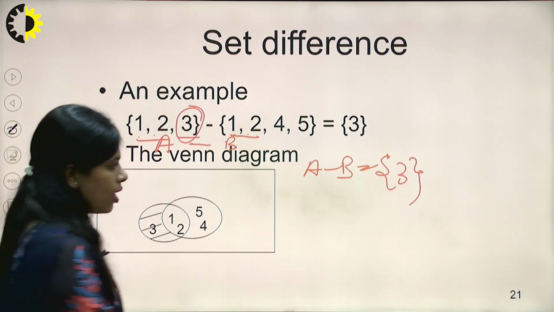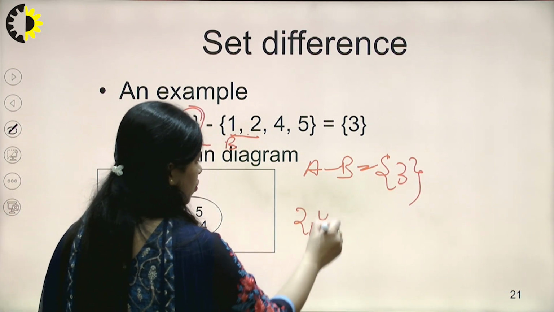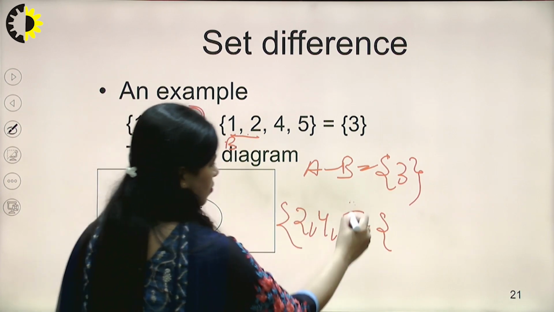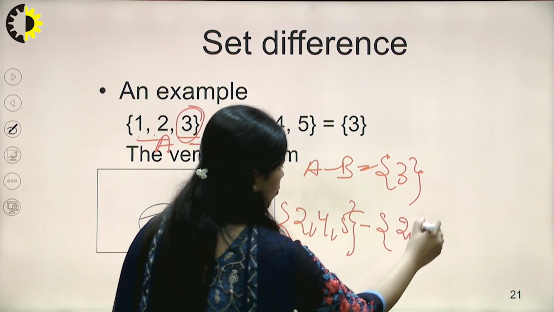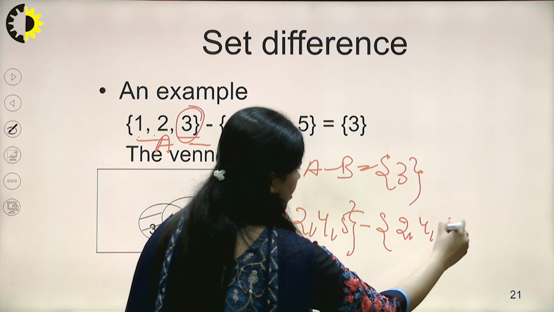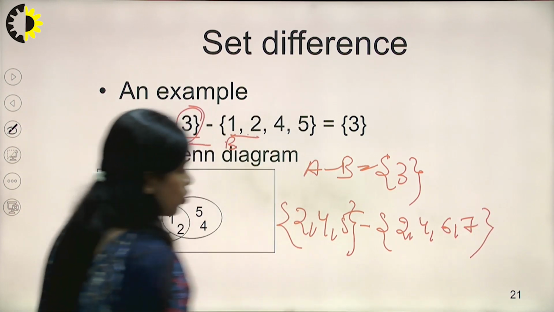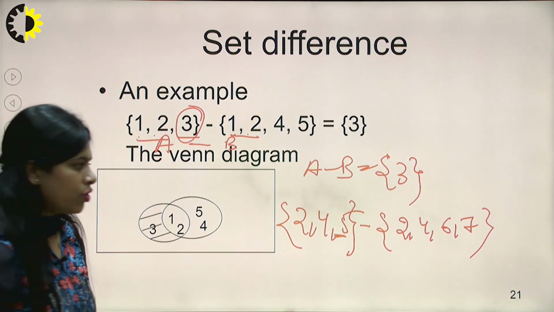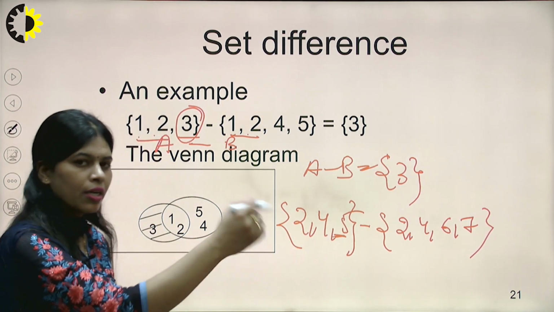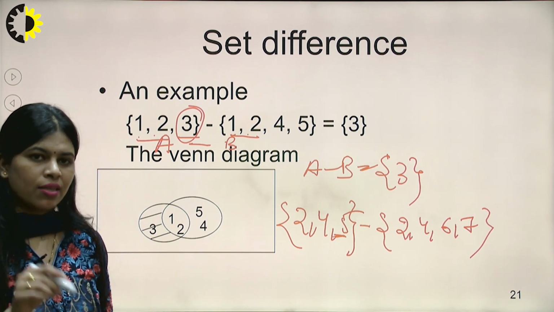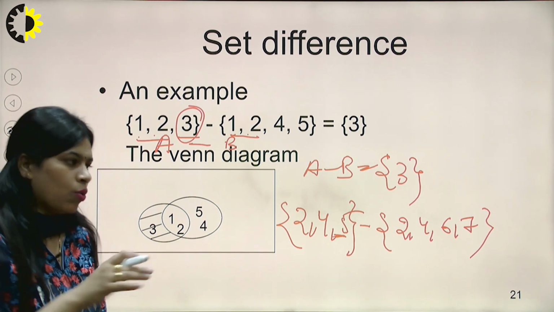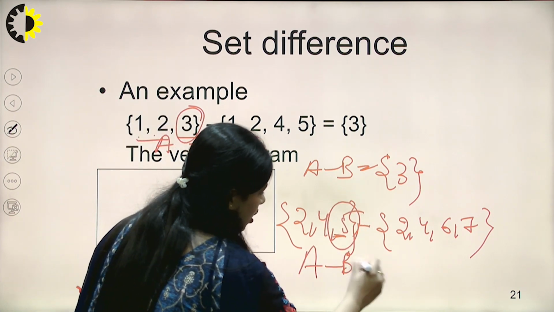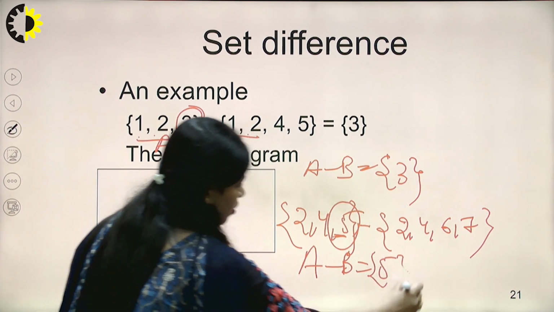If I take another example, like 2, 4 and 5 minus 2, 4, 6 and 7, then 5 is the single element present in A only, not in B. So we only consider the elements present in A only, which means A minus B equals 5.